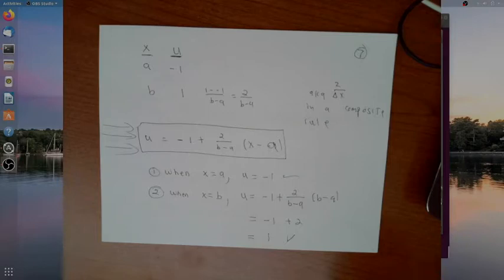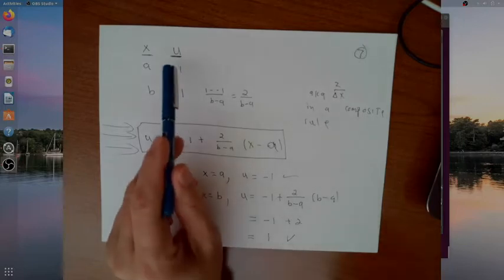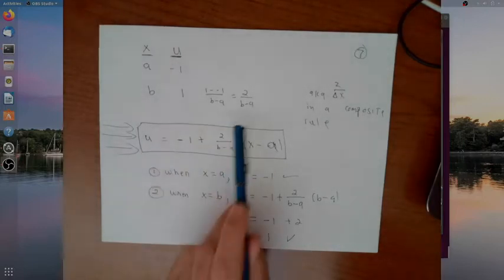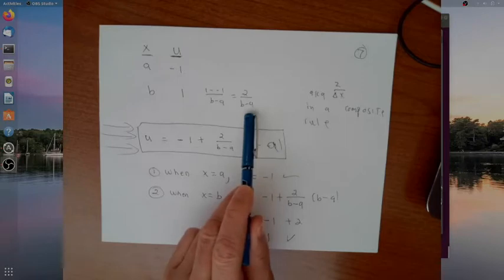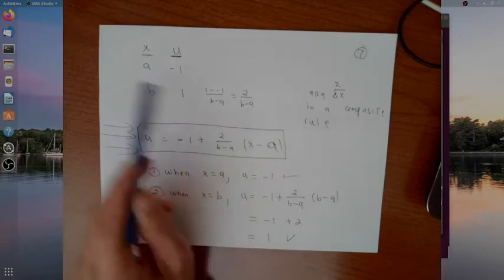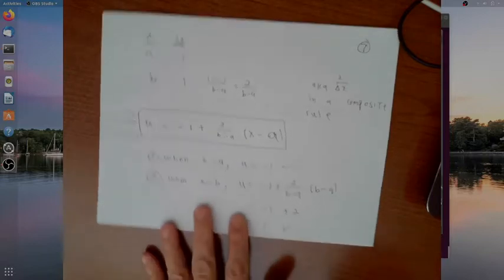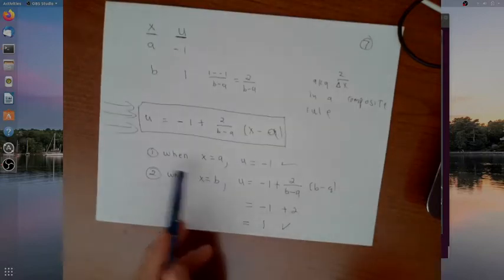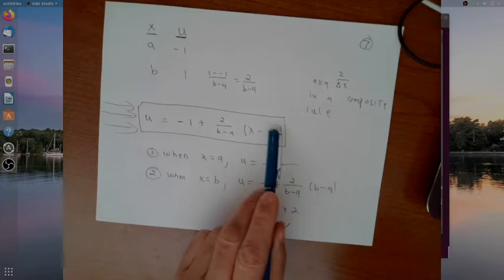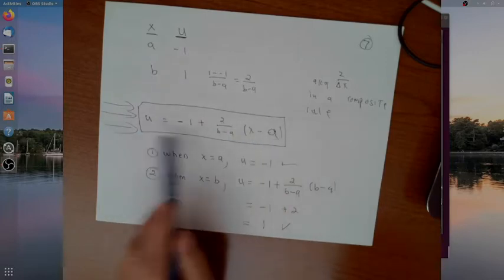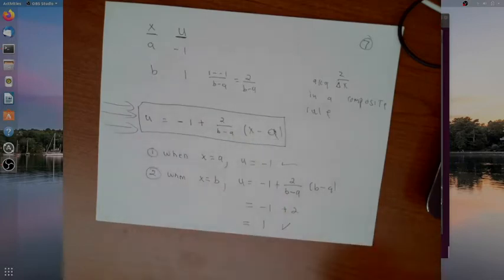The polynomial of degree 1 or less that's going to do what I want it to do is negative 1 plus 2 over b minus a times x minus a. As a sanity check, when x is equal to a, this term is 0 and u is negative 1, as it should be.